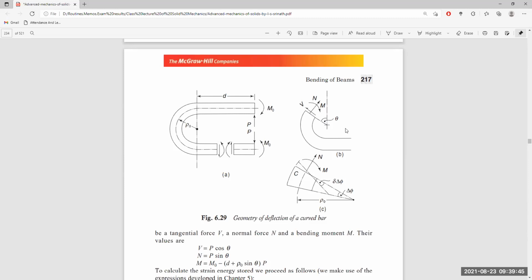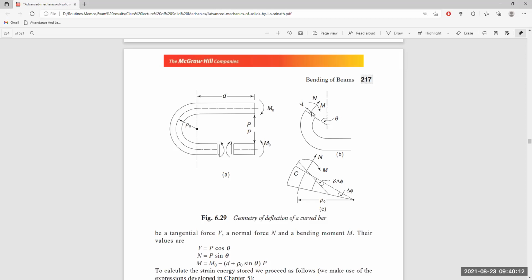So there are three forces or external actions acting over it. One is the force V acting along the section.